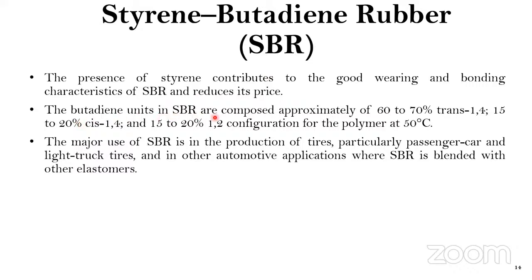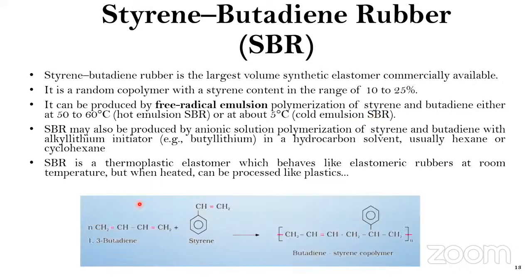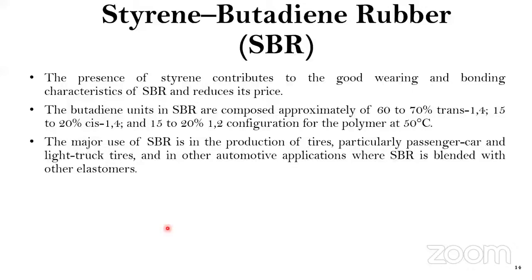Butadiene units in SBR are composed of trans and cis forms, because we are using butadiene. So in this CH and this CH2, you can see the trans and cis, those will be the two configurations.